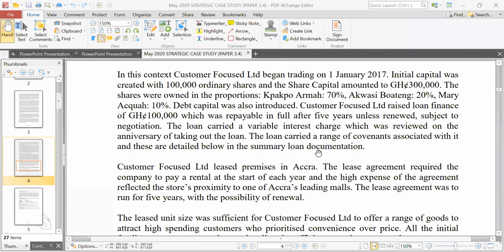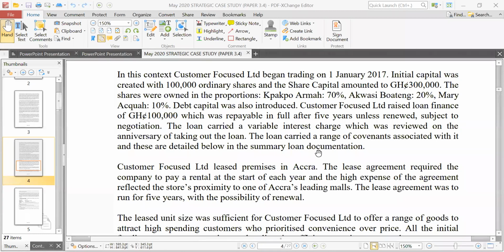In this context, Customer Focus Limited began trading on 1st January 2017. Initial capital was created with 100,000 ordinary shares, and the share capital amounted to 300,000 Ghana cedis. The shares were owned in the proportions: Pakpo Ama 70%, Akwesi Boateng 20%, Mary Akwa 10%. Debt capital was also introduced.